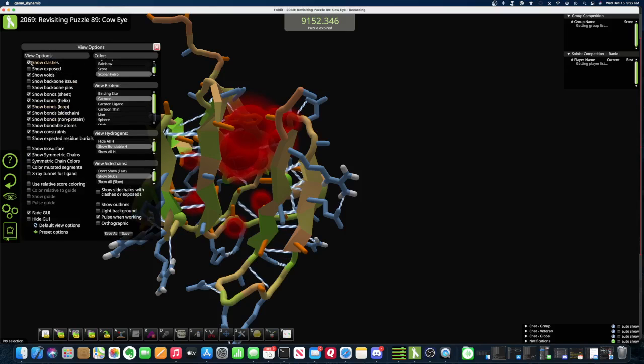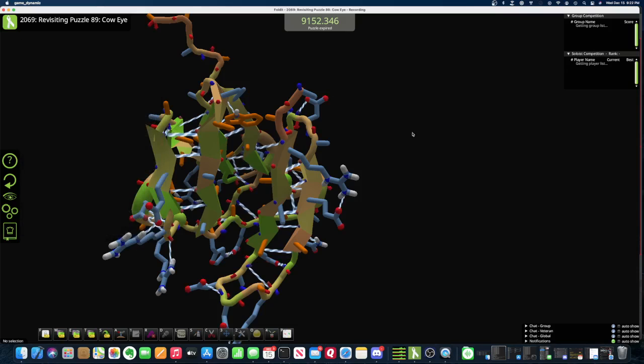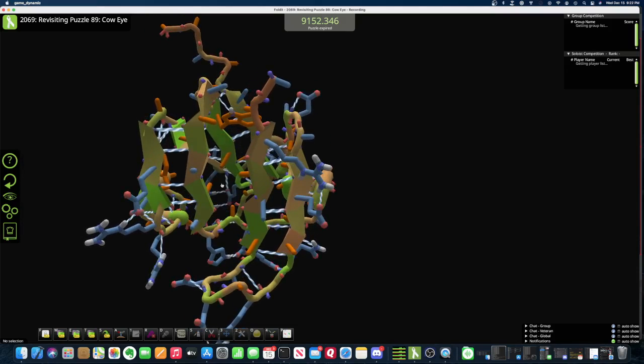But what I like to do is not show clashes or voids necessarily. I hate pulsing when working. Show the bondable H, and show the bondable atoms there. That's the important one. Okay, so now you can see these little red and blue guys here along the sheet.